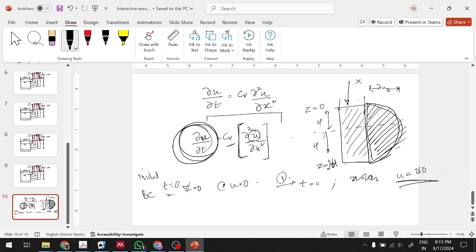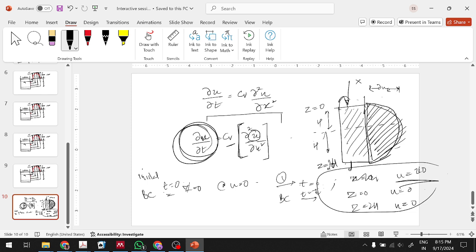This is the first initial condition. Then you have boundary conditions. At t equal to whatever, z equals 0, you will have u equals 0. And at z equal to 2h, you will have u equals 0, because here is where the water is leaving. So these are the conditions you impose.